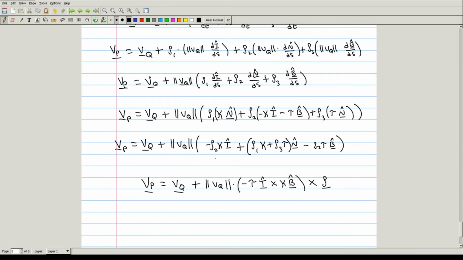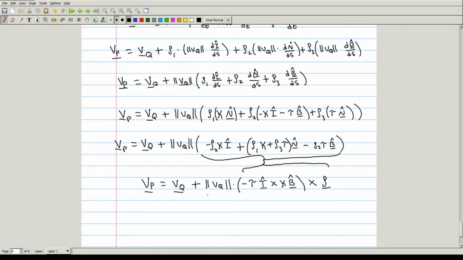So this expression right here is the same thing as this expression right here. And this is something that you're definitely going to want to go through and check for yourself. It's relatively straightforward to do, but this is what's going to end up popping out when you go through and do this cross product.